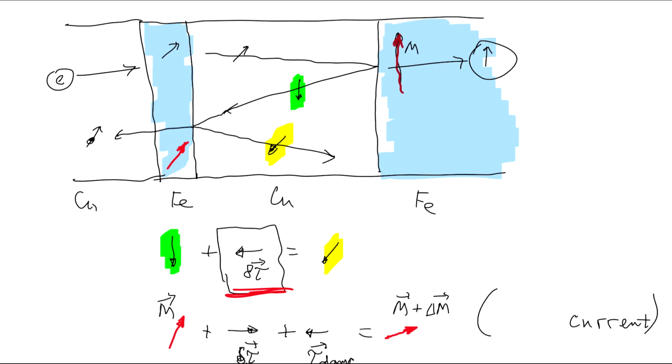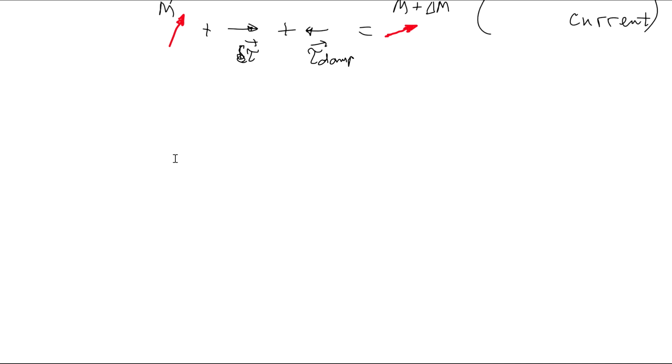Okay, so now we can look at the dynamics, how this magnetic moment here moves. As you remember, we have a magnetic moment. We magnetize it, so we apply magnetic field B in the vertical direction, and it rotates around it. There is a torque that forces it to rotate.